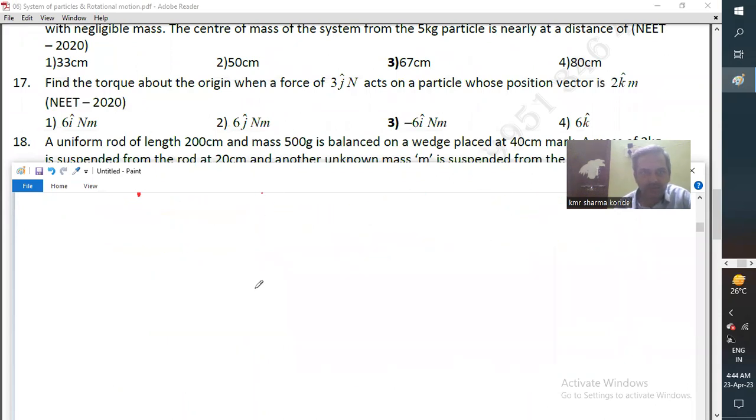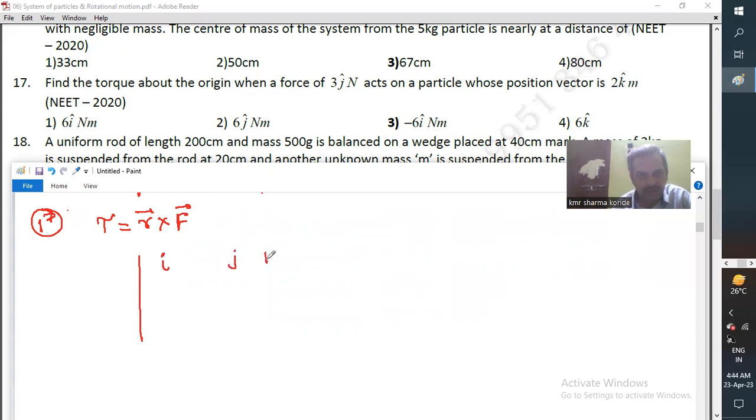Question number 17. This is given in 2020. Find the torque about the origin when a force of 3j Newton acts on a particle whose position vector is 2k. So therefore, get back the formula. Torque is an example of cross product between two vectors, the position vector and force. So we have to follow the matrix method.